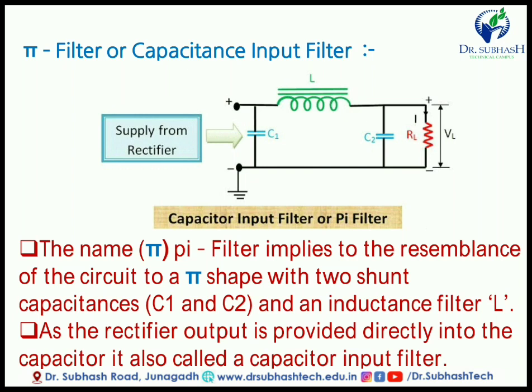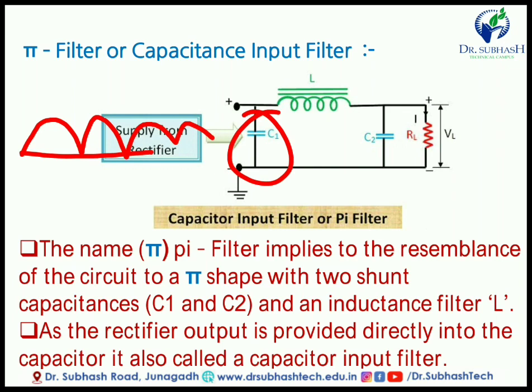The name pi filter implies the resemblance of the circuit to a pi shape, with the two shunt capacitors C1 and C2 and the inductance L. Here the filtering process occurs three times. The output of the rectifier is pulsating DC, and this is given as input to the capacitor, and the capacitor filters some AC and DC.